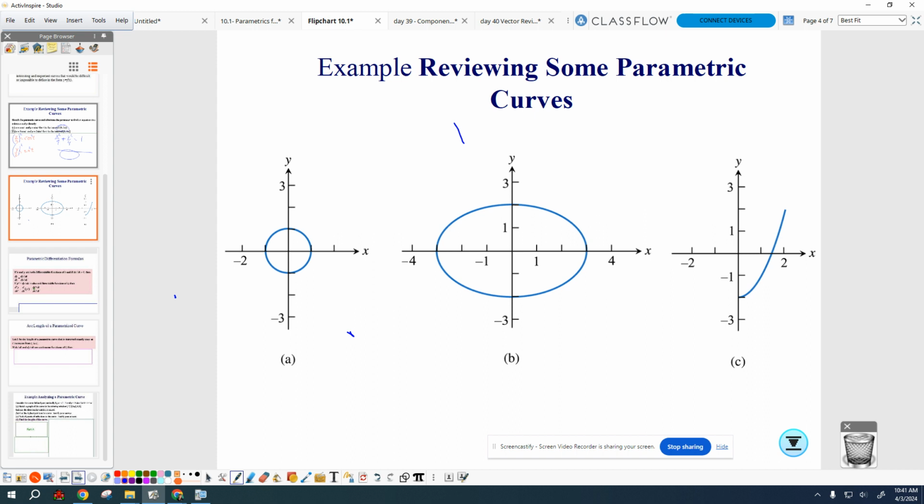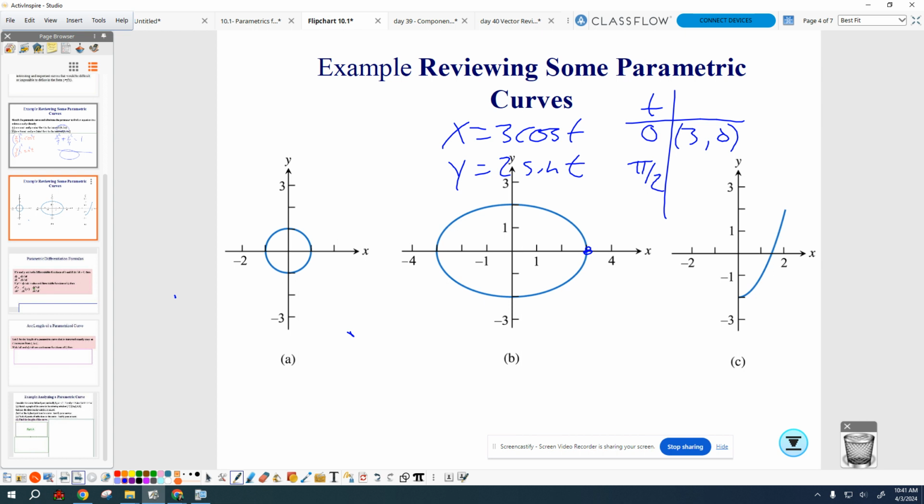X was 3 cosine t, y was 2 sine t. When t was 0, the coordinate was 3, 0. So you got that dot. So if it asks, where does it start? Which way does it go? And again, if you're having issues wrangling the calculator, put in pi over 2.